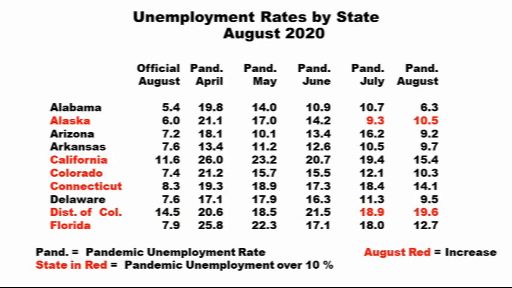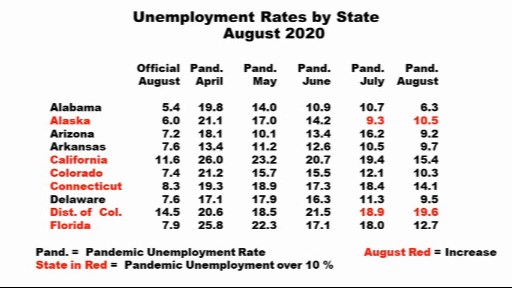In each of the next 5 slides, we're presenting the unemployment rate calculated using the official definition of unemployment in the first column and the pandemic unemployment rate for April through August in the next columns. The final column gives the pandemic unemployment rate for August.